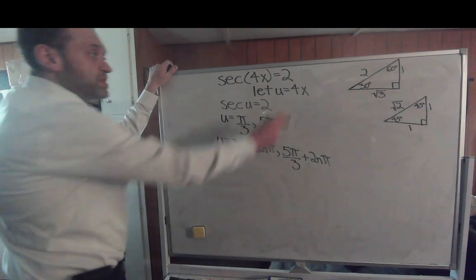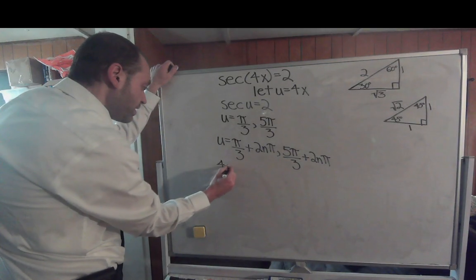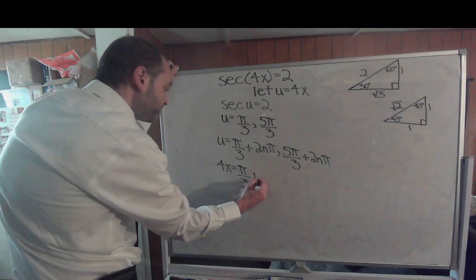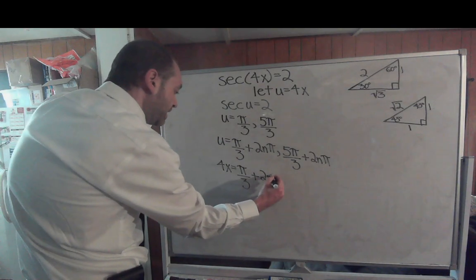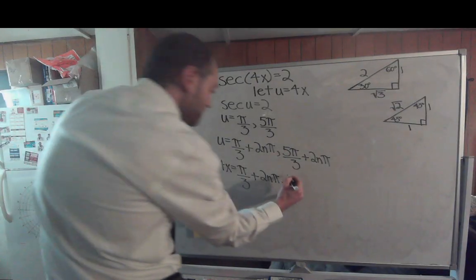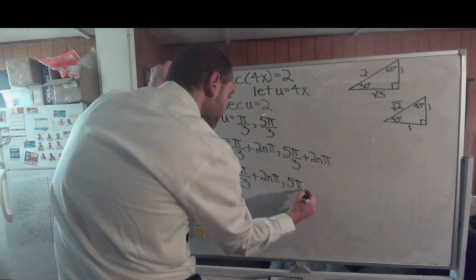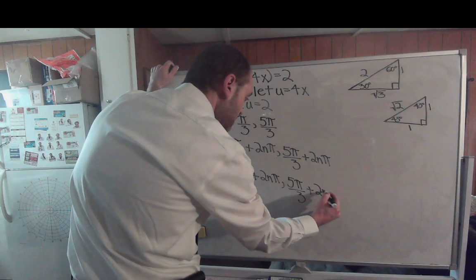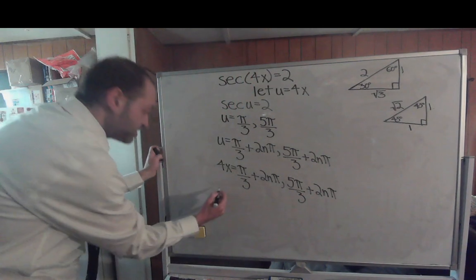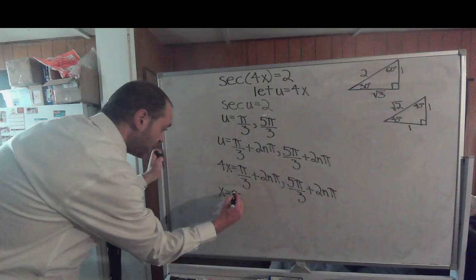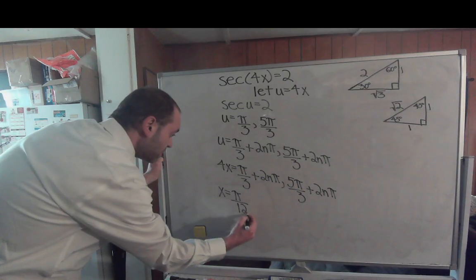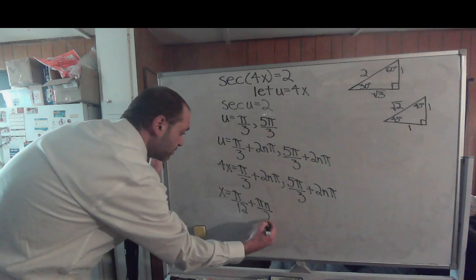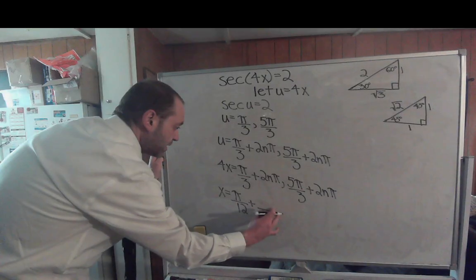But now we have to put that 4x in for u, so 4x is going to end up equaling pi over 3 plus 2n pi, and then you'll once again have 5 pi over 3 plus 2n pi, and then just divide both sides by 4, you'll get that x equals pi over 12 plus n pi over 2, or n pi over 2 I should probably say.